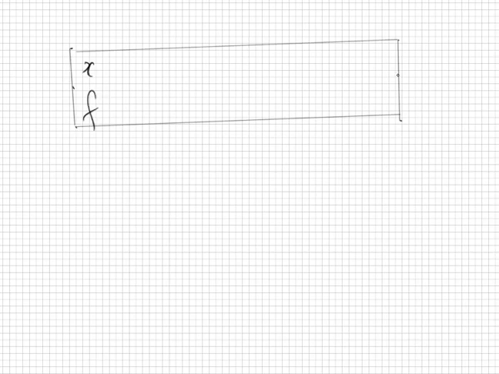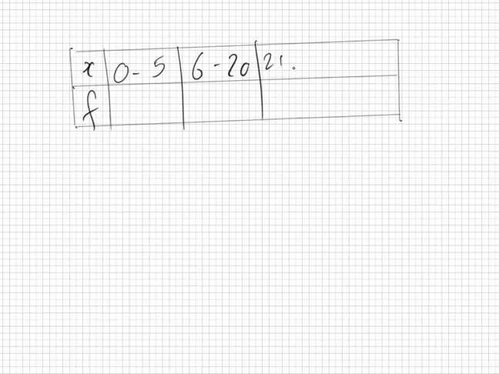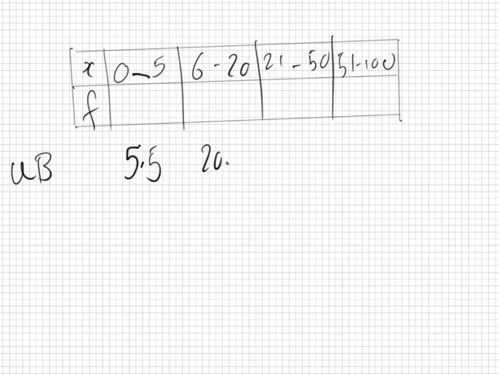0 to 5, 6 to 20, 21 to 50, 51 to 100. So this is the closest I can think of, Sarah. They still connect, but they're all different lengths, but it doesn't matter anyways. So for the cumulative frequency, we use the upper bounds, which is, what would be the first one here? 5.5, 20.5.